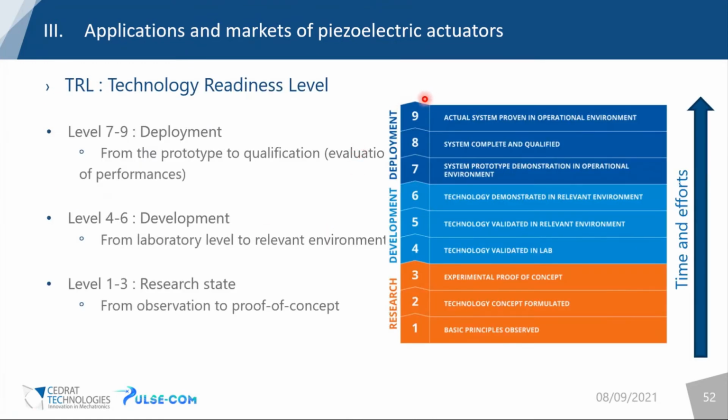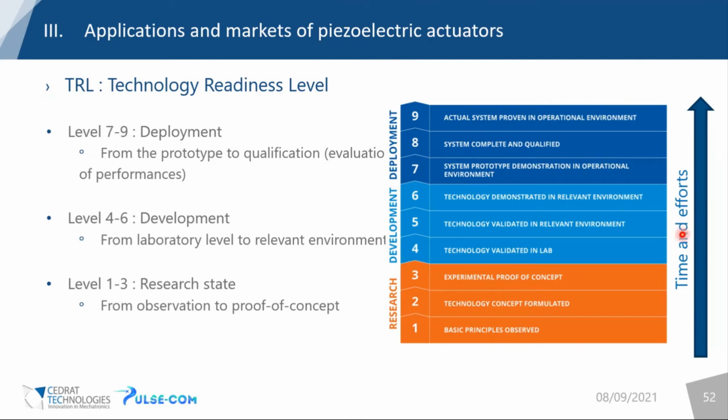But first, I'd like to remind you what the technology readiness level is. This is a scale that goes from 1 to 9, which defines how advanced and how characterized your actuator is. So, for instance, for PulseCom projects, we are between TRL1 and TRL3, because what we want to reach in PulseCom is an experimental proof of concept.